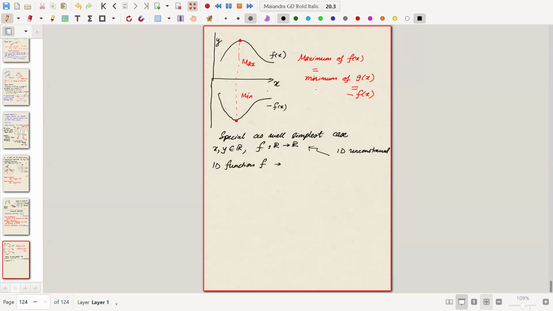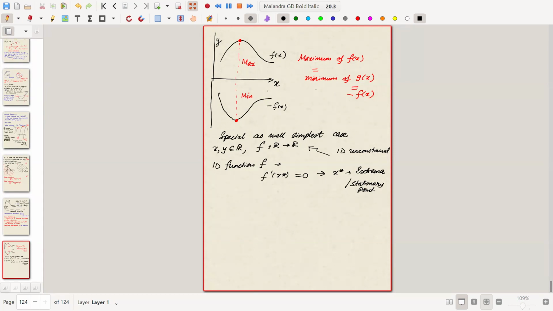At both maximum and minimum, your derivative is 0 at that point, right? So what happens if f prime of x star equals 0? Then x star is your extrema. There is also another word for it, known as a stationary point. That means at that point f prime is 0. 0 means no velocity, you stay there like a stationary point.